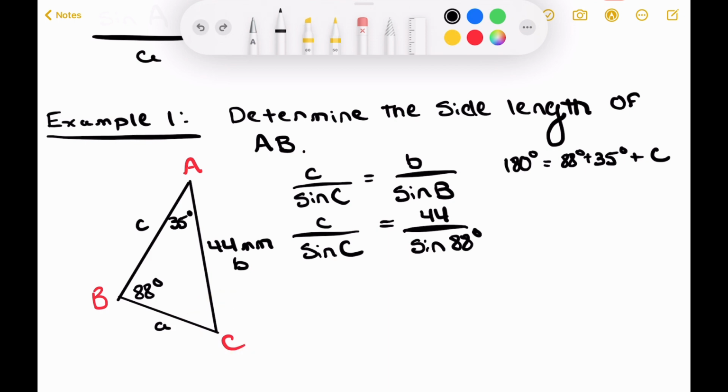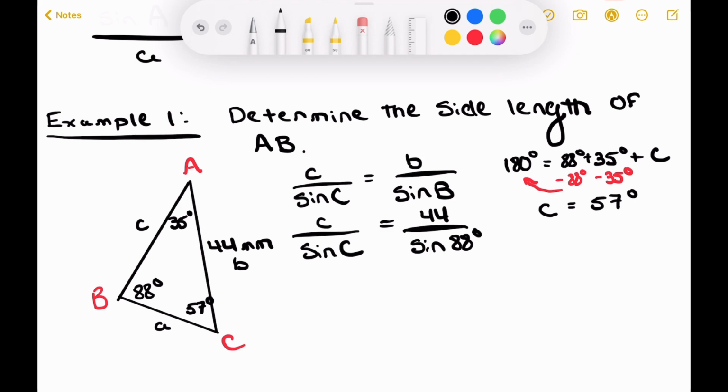And so going into our calculator, what we would have to do is subtract both the 88 degrees and the 35 degrees from this side and this side. Thus, we're going to isolate C as 57 degrees. So now we can write in 57 degrees for our angle C. Now we have all the information we need.